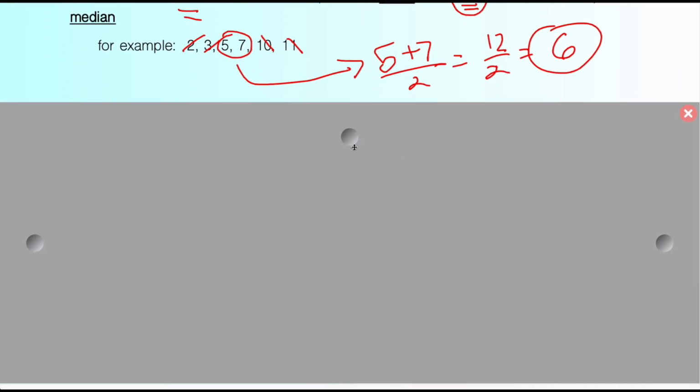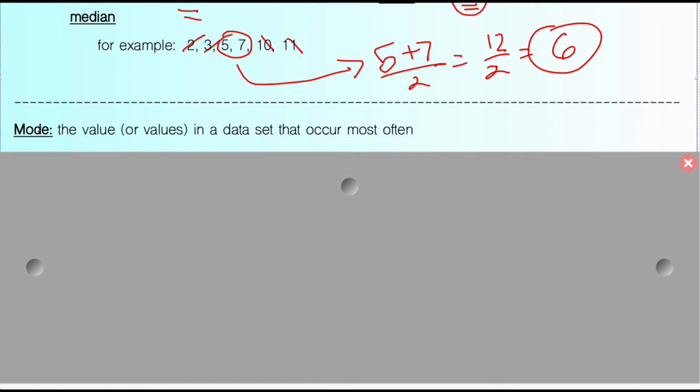All right, our other measure of center. So we've got the mean, we've got the median, and the other one is the mode. The mode is the value or values, it might be more than one, in a data set that occur most often. When you look at your set of data, the mode asks which of these numbers happens most frequently. So let's look at a data set.